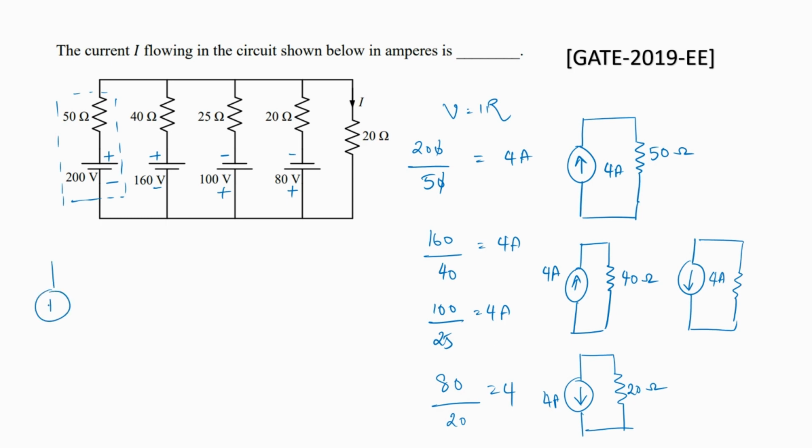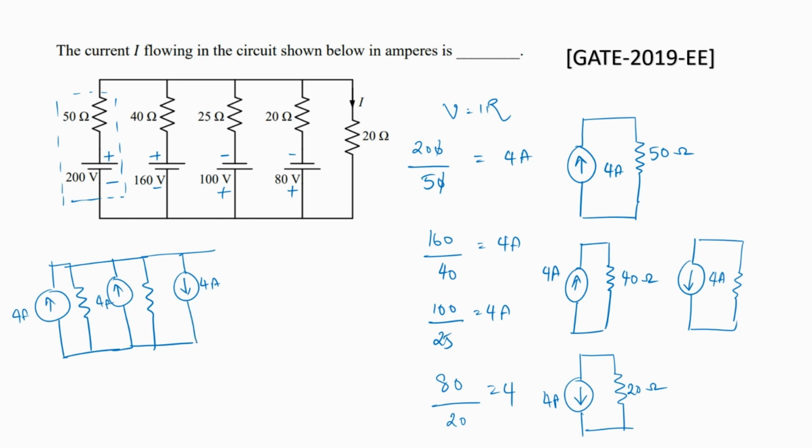So we have the first one, the 4 amps with 50 ohms in parallel with it, followed by 4 amps with the 40 ohms in parallel with it, followed by the 4 amps pointing downwards, and 20 ohms in parallel with it, followed by another 4 amps pointing downwards with 25 ohms in parallel with it.